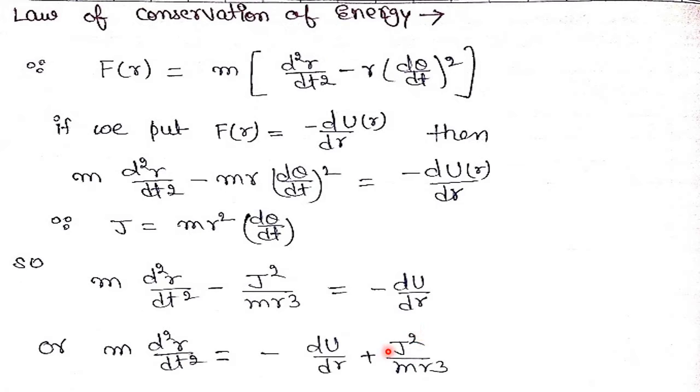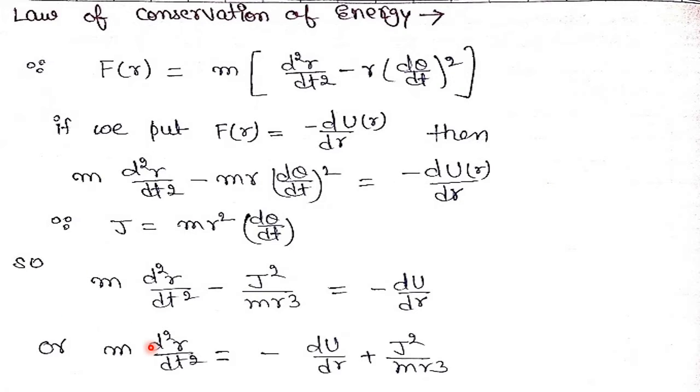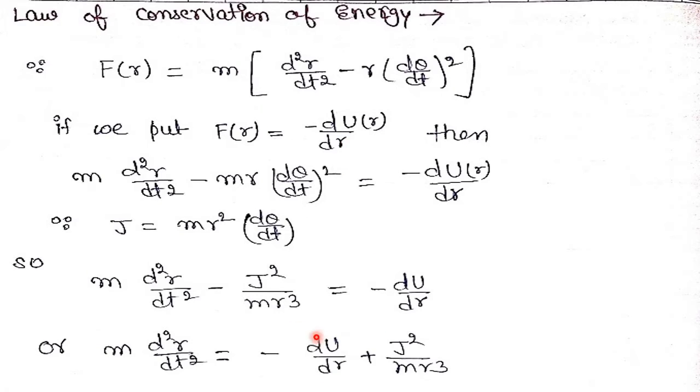Now first we will make some change in this equation. As we know, if we differentiate 1 upon r square with respect to r, then we get minus 2 upon r cube. So putting this, we get m d2r/dt2 equals minus du/dr, and we substitute d/dr of 1 upon r square in this term.